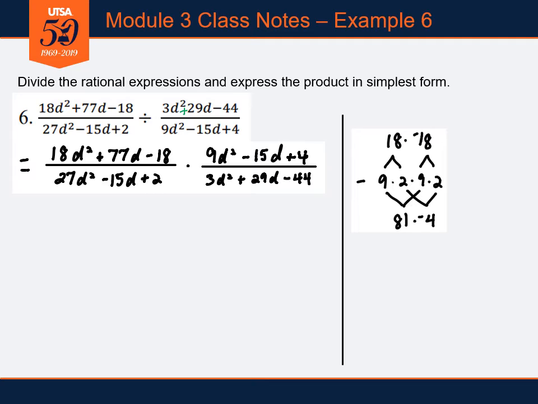Instead of multiplying 18 times 18 to get some ungodly huge number and then finding a bunch of factors, what I've done instead is factored 18 and regrouped those factors into two numbers that work.